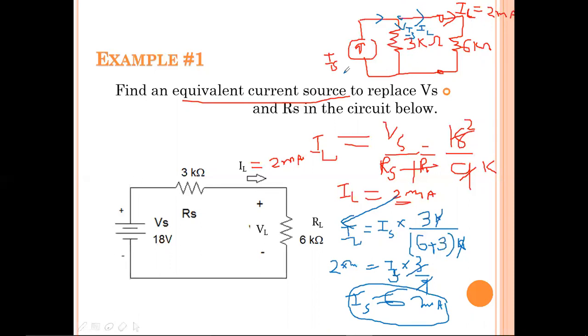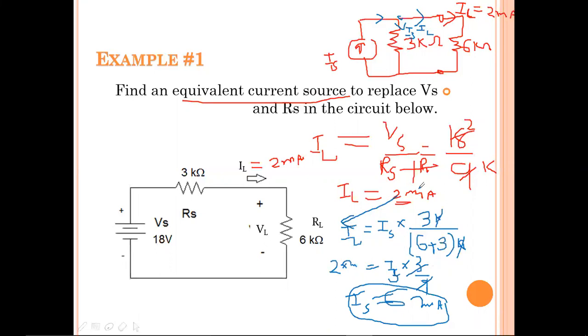Hence, by knowing this 6 kilo ohms current, you can find the source current by using the CDR, the current division rule. For finding the current through the 6 kilo ohms, IL is equal to the total current Is into the opposite resistance 3 by 3 plus 6 kilo ohms.